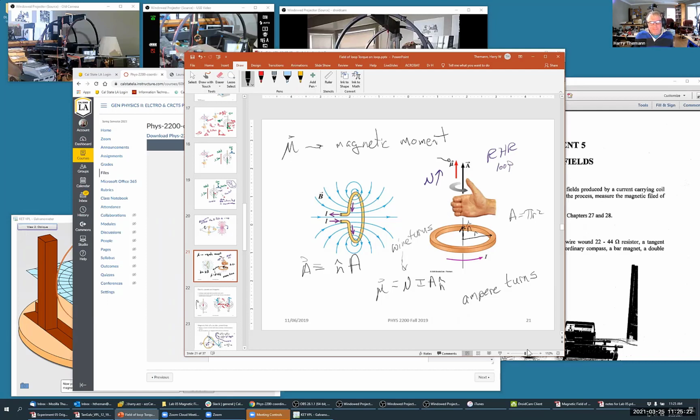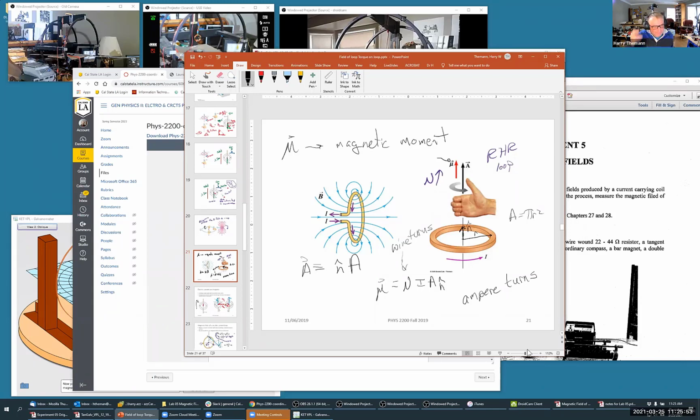And the nice thing about mu is that once you have a current in a loop, the direction of mu is determined. The A vector is determined because, as in Gauss's law, the A vector is not determined for an open surface, but it is determined for a closed surface. Or if you learn about Lenz's law, the A vector is arbitrary.